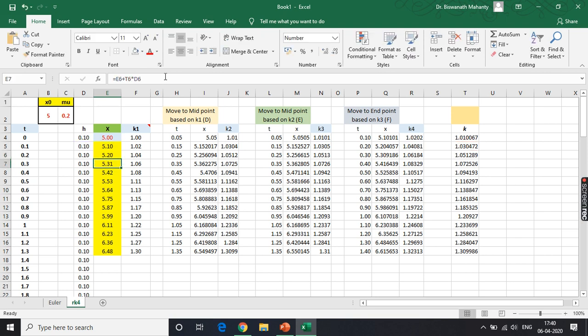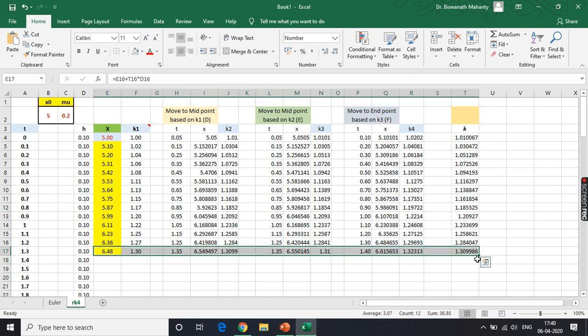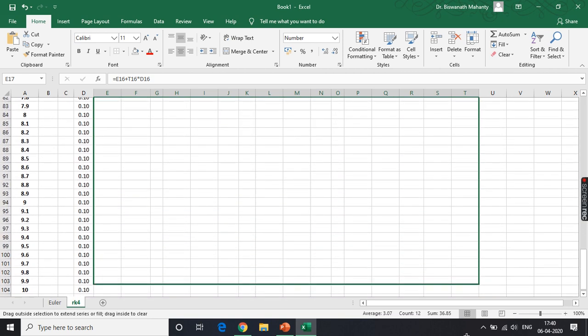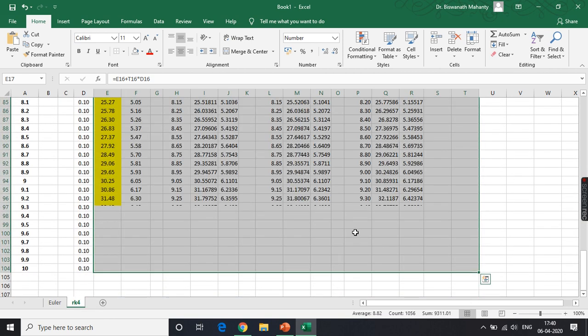The new point is calculated based on the old point, and this is a new time frame for its own calculation. So this is simple enough. I'll just drag it further, for whatever time points we need to solve. For example, we have done it.